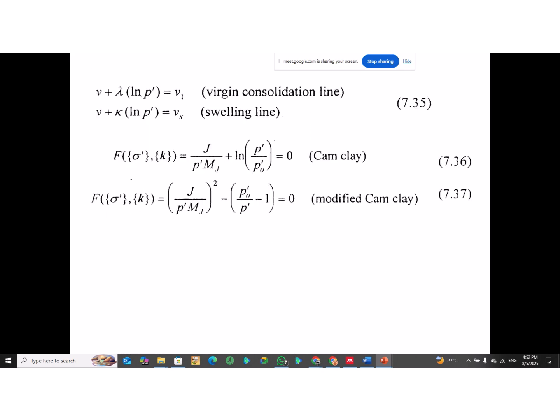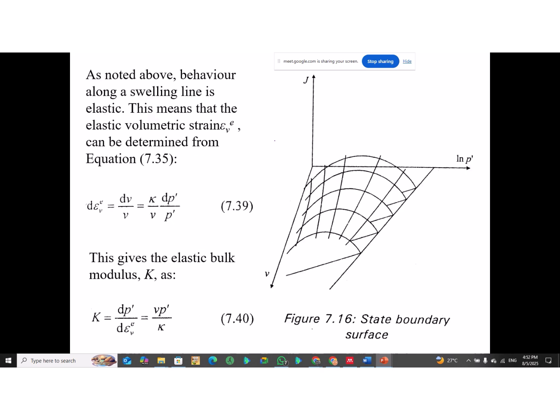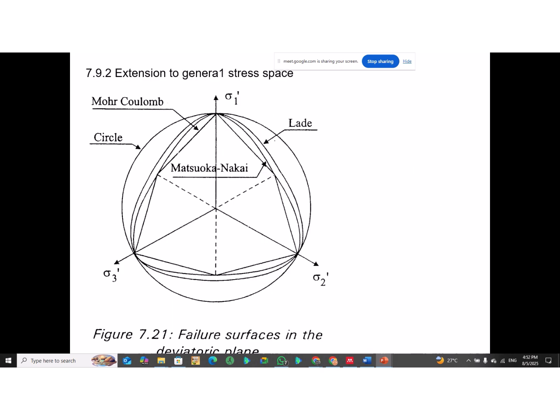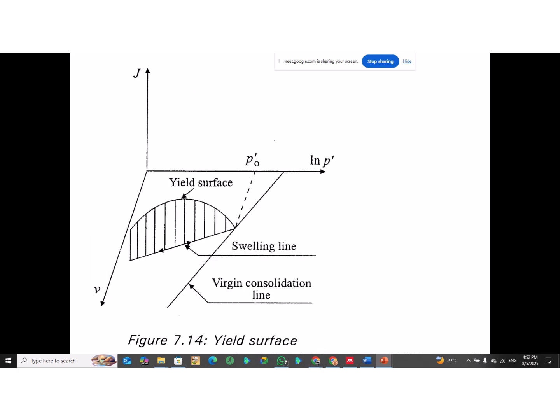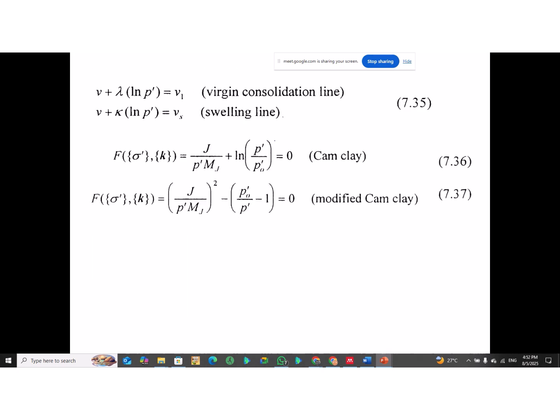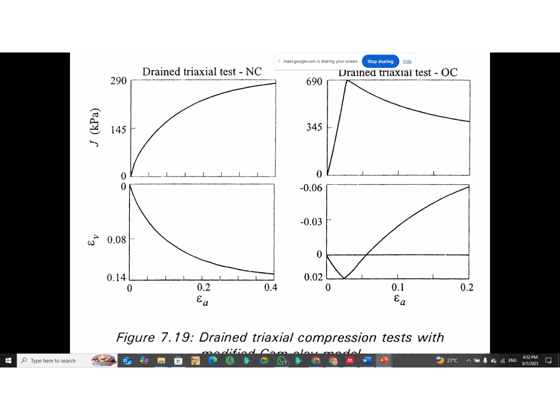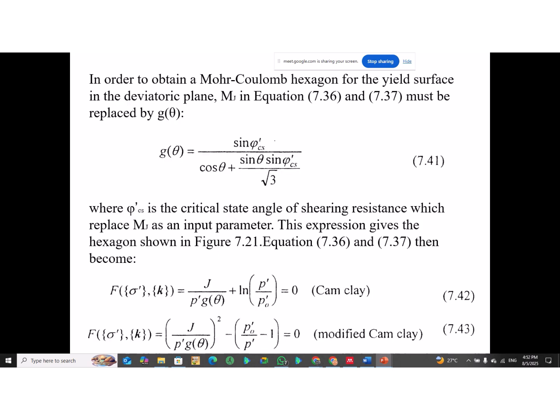This is the original form of the equation, isn't it? With what we have said, you can see the transformation. Equations 7.36 and 7.37 transform to 7.42 and 7.43.